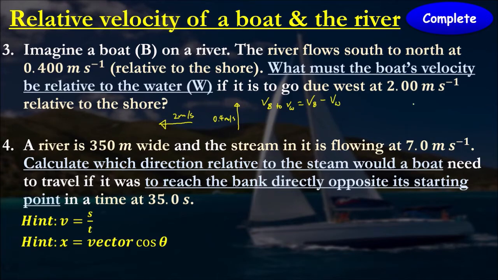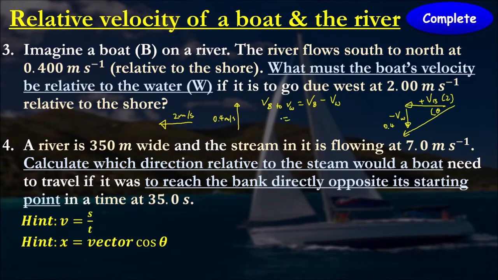In this case, if we draw it out, that would mean that we have the positive movement of our boat and the negative velocity component of our water. Okay, so the angle we get is theta here. This is 2 meters per second, and over on this side, that is 0.4 meters per second.